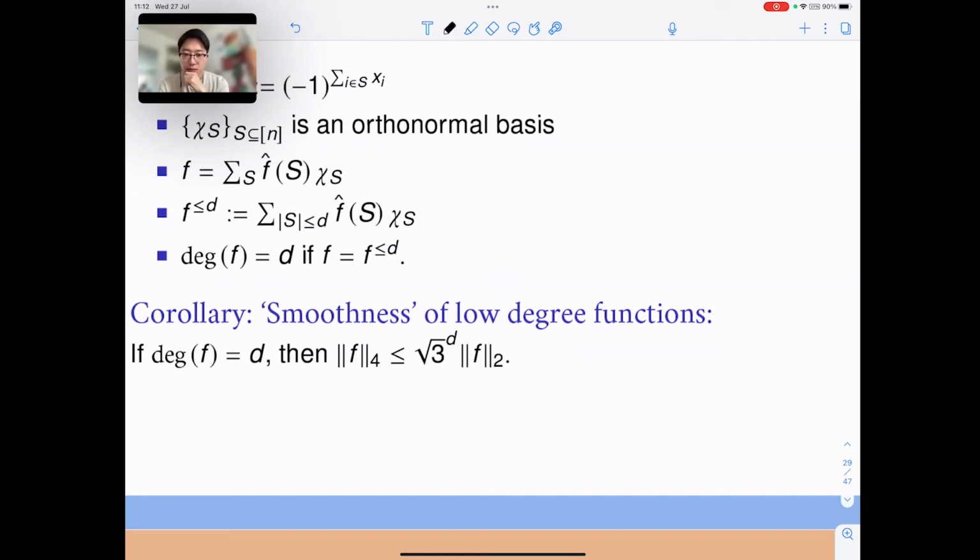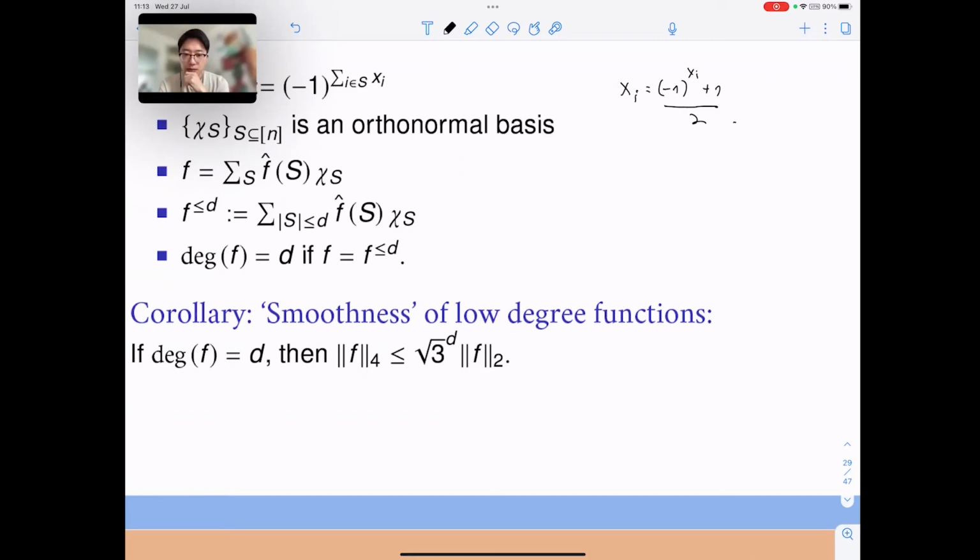So if you take the dictator xi, this can be written as (1 - xi)/2, I want to say, or maybe it should be something else, but the dictators are functions of degree 1 for that reason.